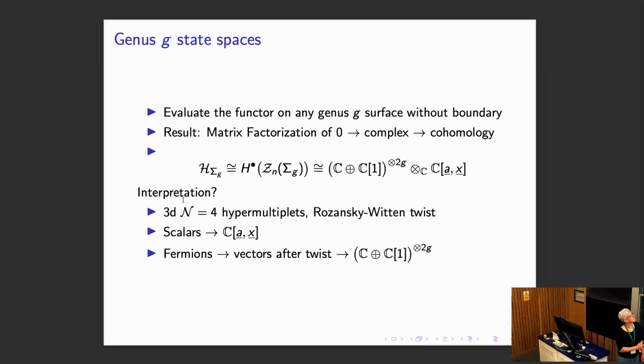So genus g, so to two-dimensional surfaces we associate in our category a matrix factorization. So that was what the two-dimensional things are. And in our case, if it's a closed surface, then it's a matrix factorization of 0, from empty set to empty set, and so that's a complex, and we can compute its cohomology, and its cohomology looks like this.